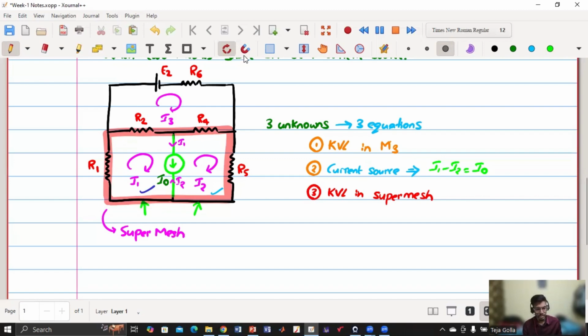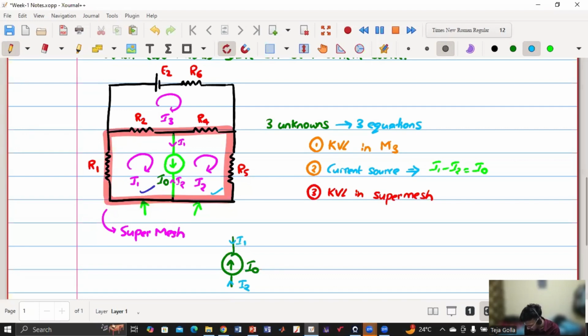Why I2 minus I1? Yes. What I was trying to say is, say if the current I naught is from bottom to top, say I naught is in this direction, but we already have I1 flowing down and I2 flowing up.